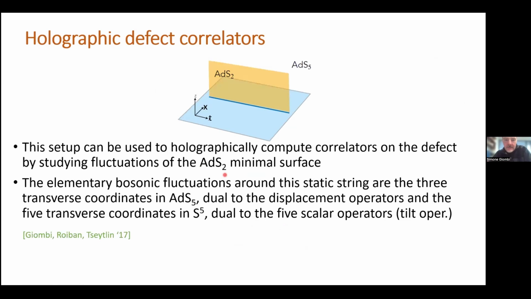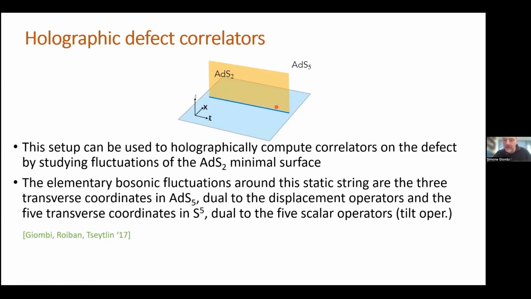Now, this setup can be used to compute correlation functions in this defect CFT at zero temperature, and it has been used extensively, starting from this paper that I wrote with Radu and Arkady. Basically, you start with this worldsheet and study its fluctuations.